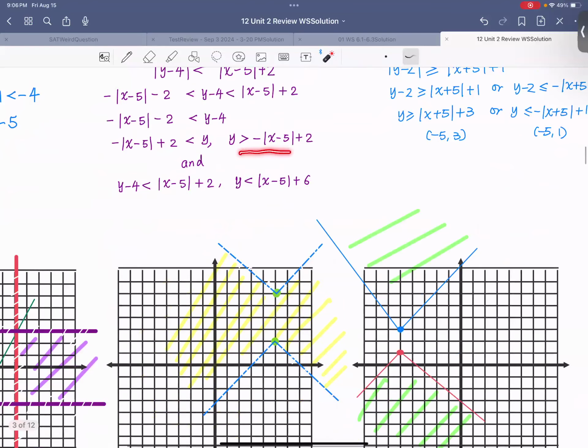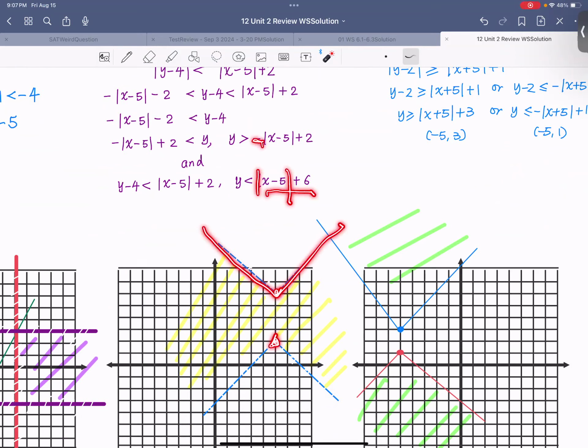What's a vertex? Vertex is something like this. The graph of this has a vertex at 5, 2. The graph of this has a vertex of 5, 6. This is positive, means your absolute value opens up.